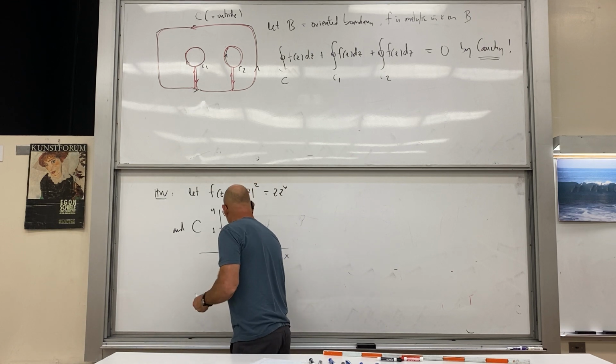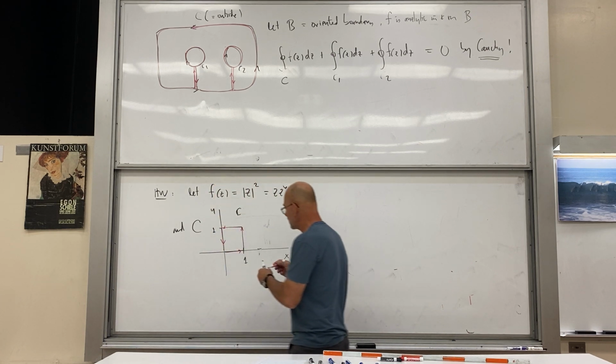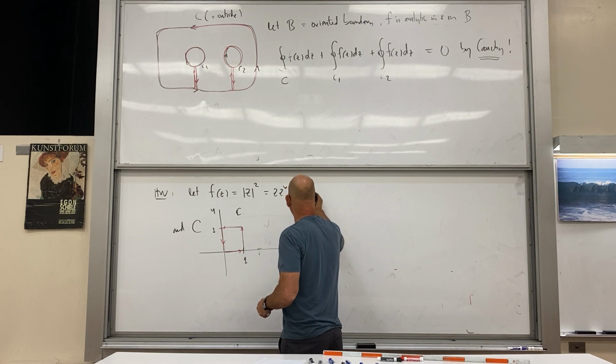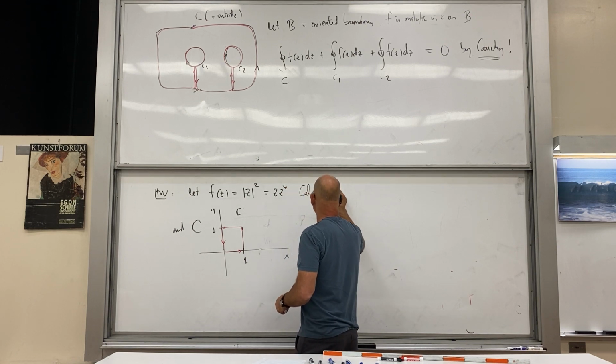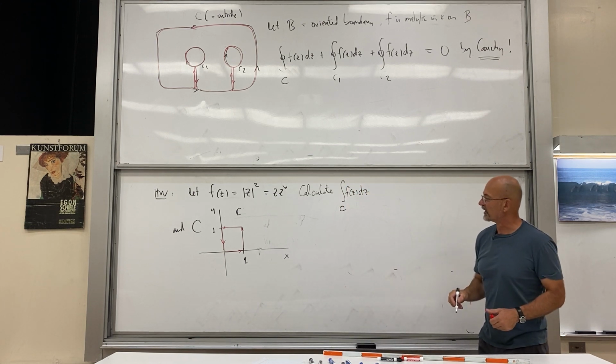We're just going to go around this unit square here in the first quadrant. That's our contour. Calculate integral f of z dz, C, around that unit square there.